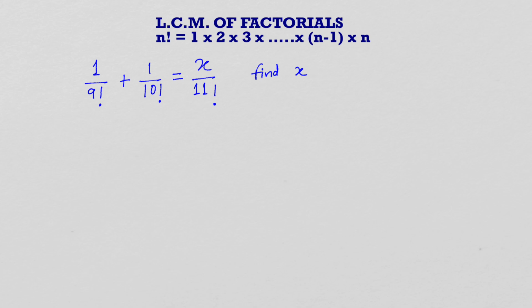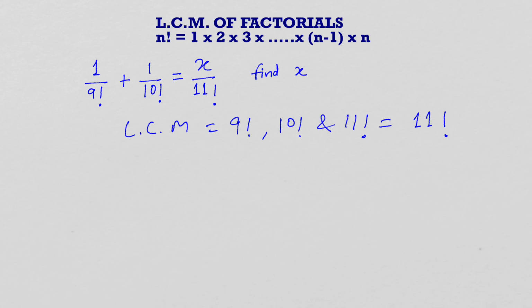As I told you in the previous section, when we find the LCM of these numbers, we find the biggest factorial, and that is the LCM. So what is the LCM of 9 factorial, 10 factorial and 11 factorial? It is 11 factorial.